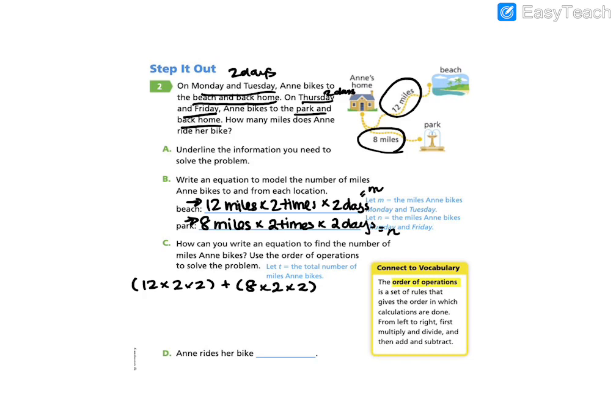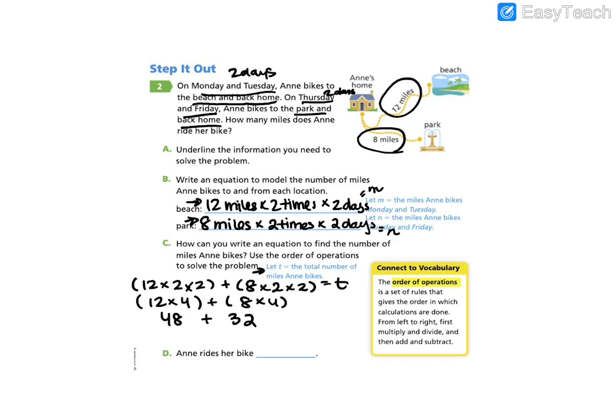Remember, I can use commutative property within each of these equations in the parentheses to help me solve it. I know my 12s. If you don't know your 12s, that might not be a helpful fact for you. But 12 times 4 is 48, and 8 times 4 is 32.